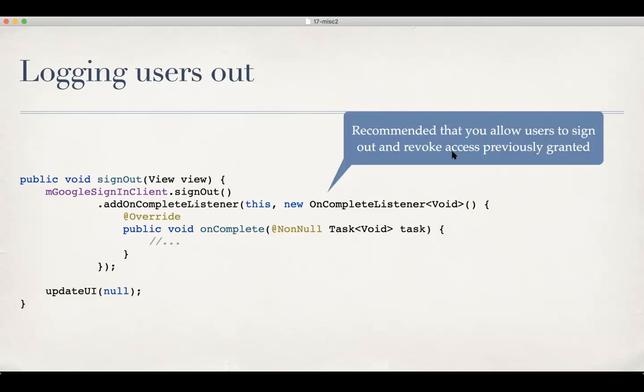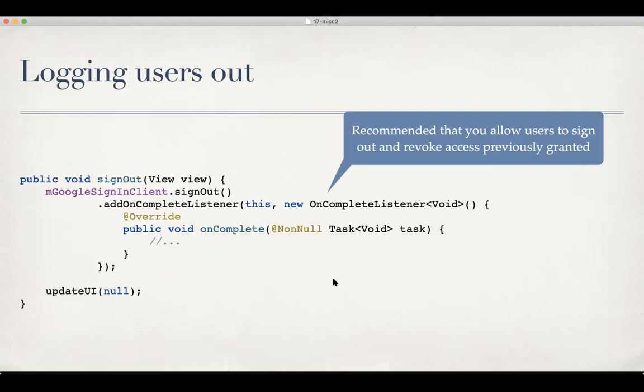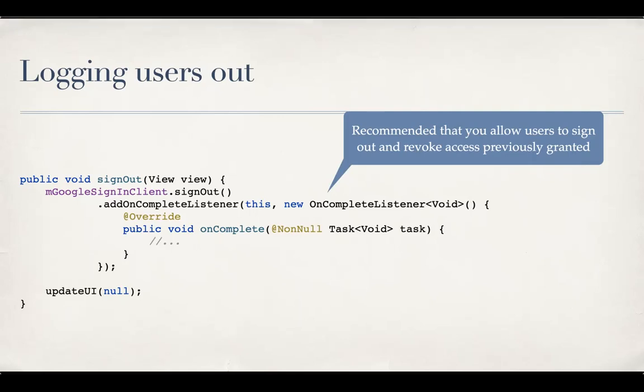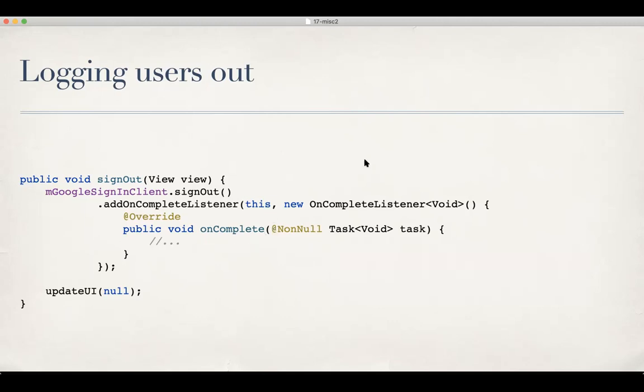Okay, so revoking the access is a recommended way of doing things, because you should basically let the users choose whether they want to continue using your app with their Google login, right? And once it's completed, you should implement the logic to respond to revoking access. For example, deleting that user record from the database, etc., on the on complete. Okay. Yeah. So that's all about logging in users.